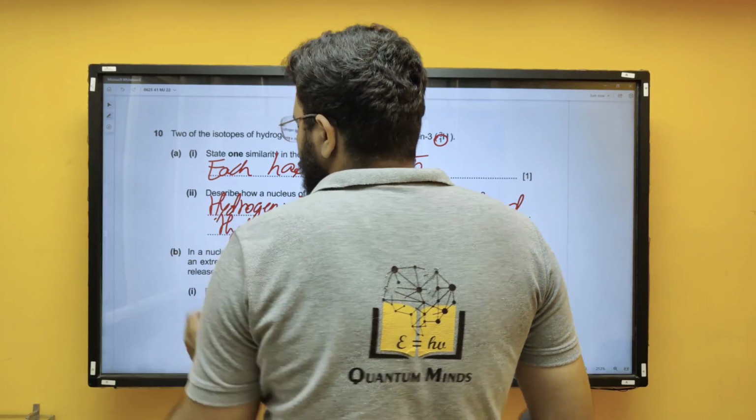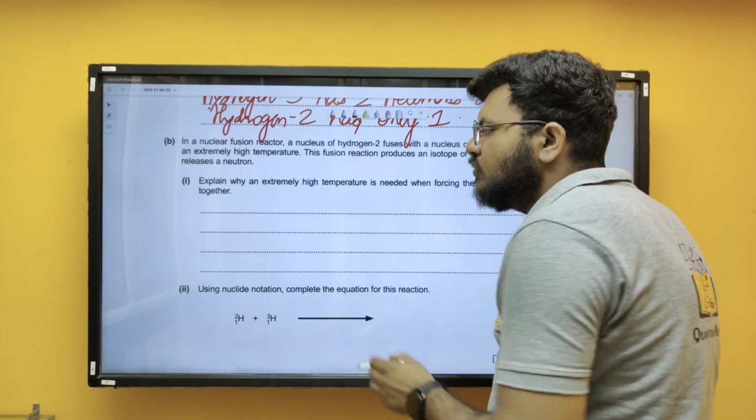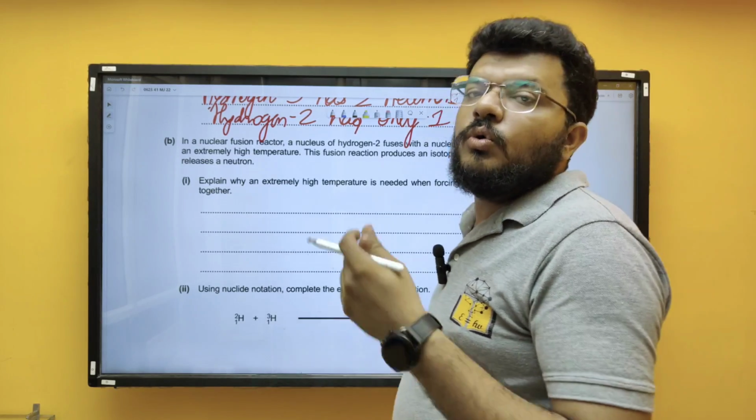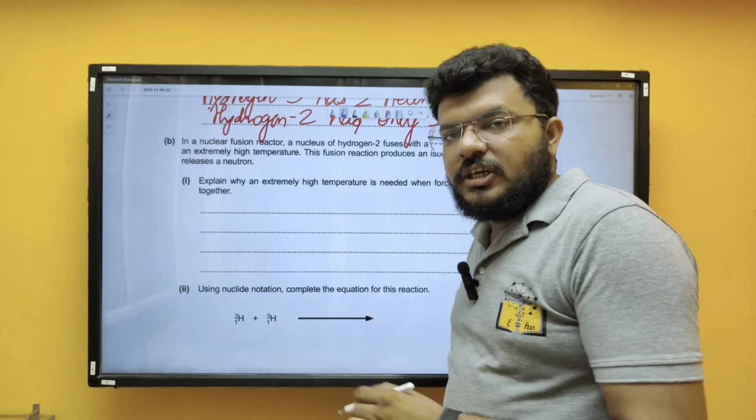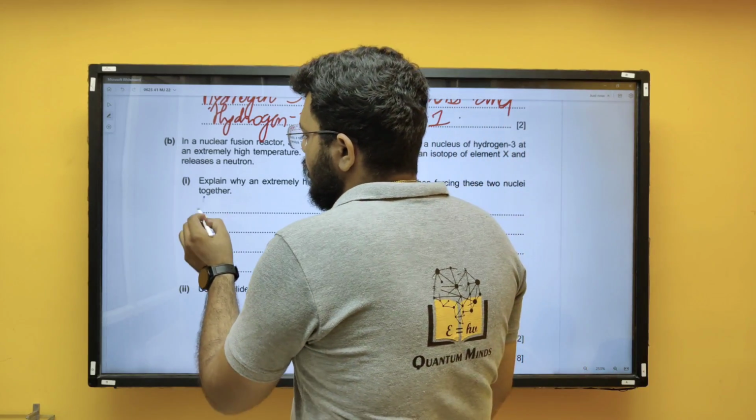Now, what is the charge of the nucleus, guys? The charge on the nucleus is positive. So to overcome this repulsion, you require a lot of energy. That energy comes from heat energy.